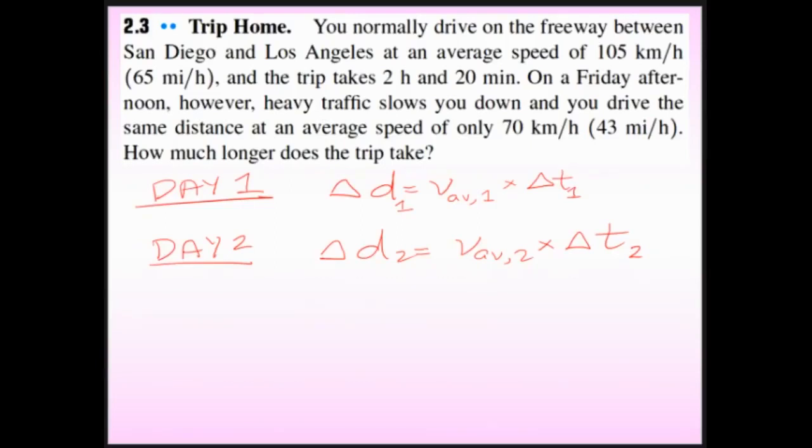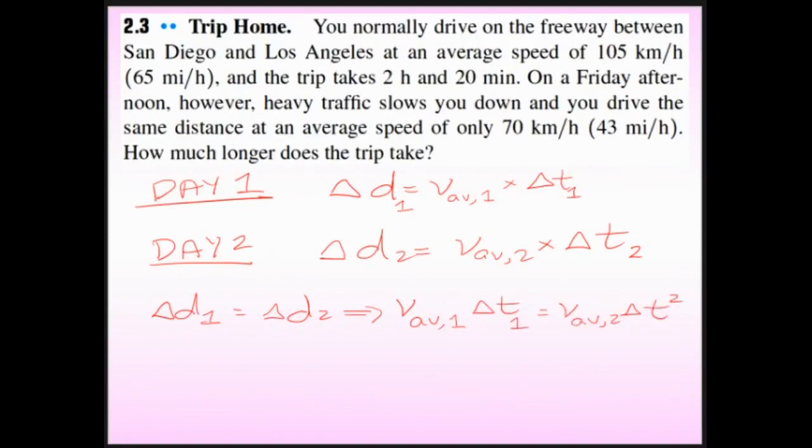So that means V times delta T for day 1 must equal V times delta T for day 2. So delta D1 is the same as delta D2. That implies V average 1 delta T1 equals V average 2 delta T2.